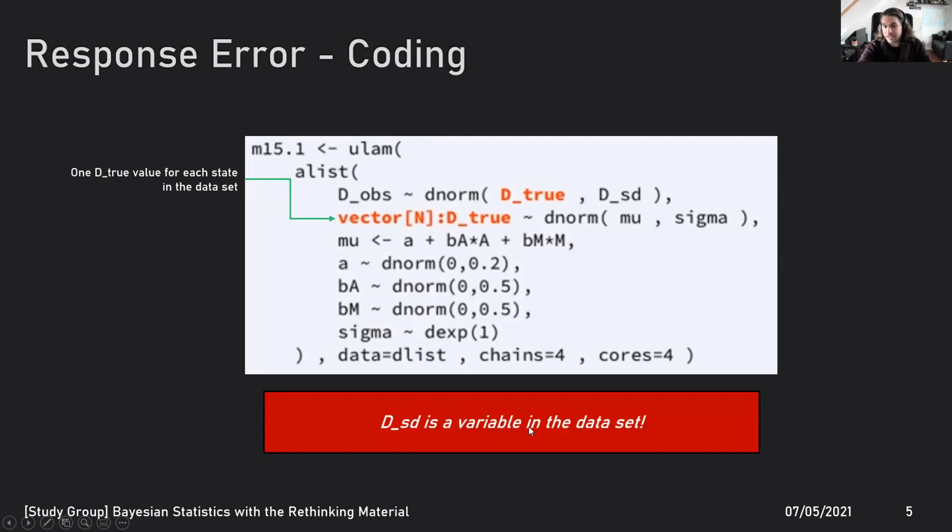And this is where I pointed out again, D SD, the standard deviation of observed divorce rate per state, is actually already in the data set, and you don't need a prior for it in this example.